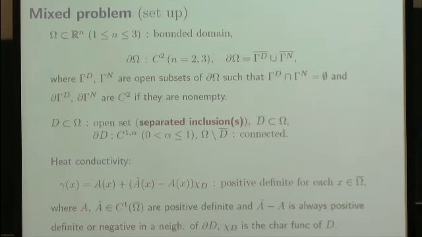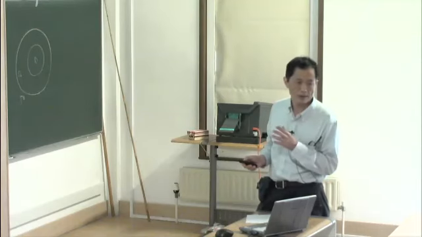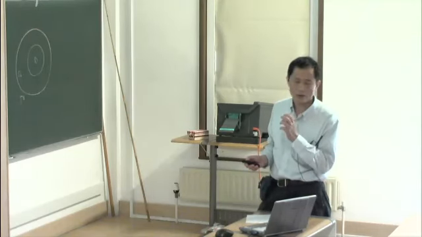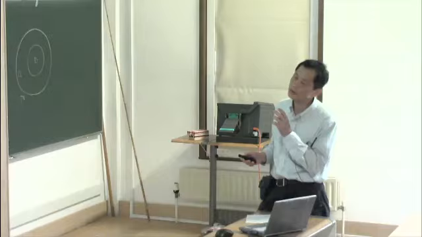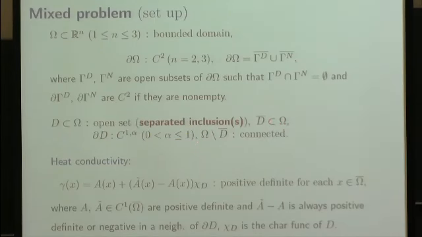I'm not considering non-separated inclusions. And then I assume for this D, first its boundary is of C1 alpha. I also have to assume omega minus D bar is connected, which means the boundary of D can be observed from outside. So you don't have any inner hole in these separated inclusions. And also, I have to assume D is not touching the boundary of omega.